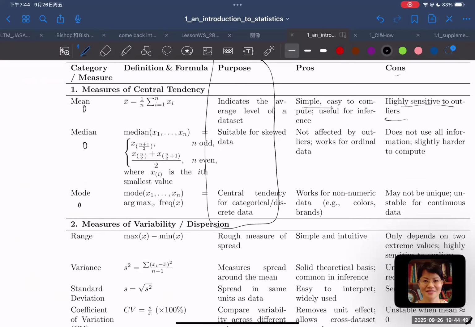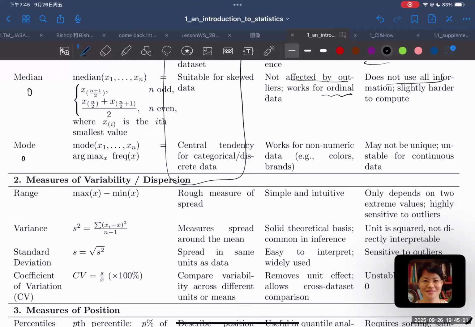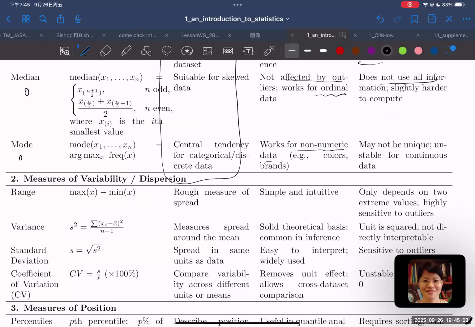And then for median, less affected by outliers, but usually does not use more information, so computing is hard. The third one, the mode, means for raw numerical data you can count, but it may not be unique, and also it is unstable for continuous data.